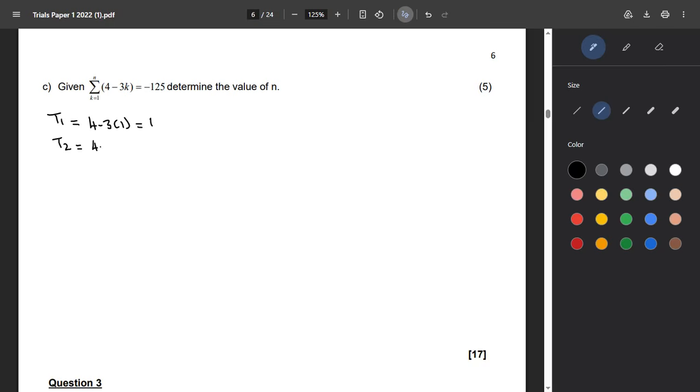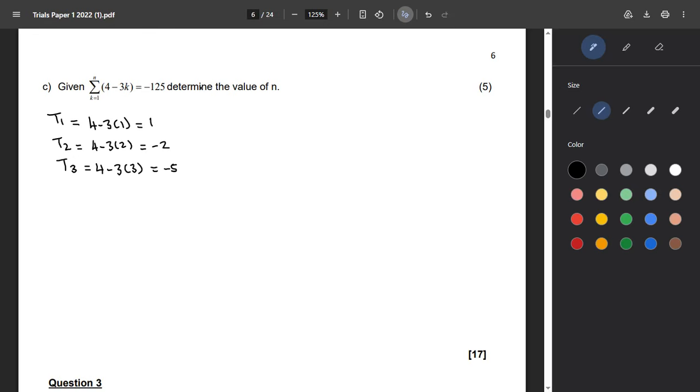So that's 4 minus 3 times 2, which is 4 minus 6. That's minus 2. Then I'm going to look at T3. It's 4 minus 3 into 3. That's 4 minus 9. That's minus 5.